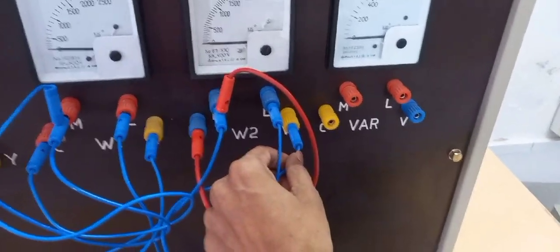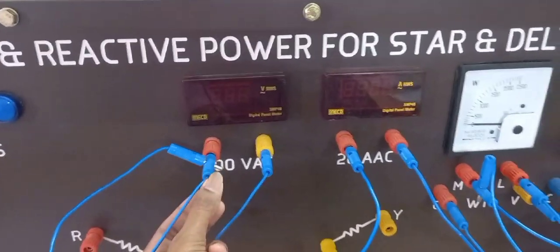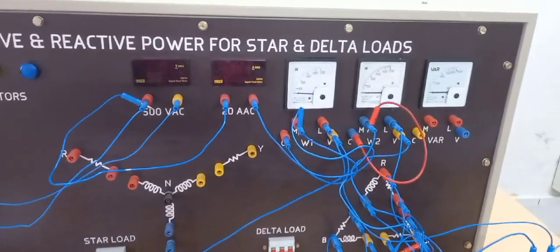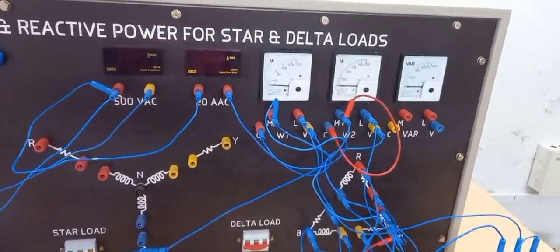B phase is directly connected to wattmeter V, Y is directly connected to Y phase, and here R phase is directly connected to voltmeter. This is the actual way of connection of reactive power delta load.